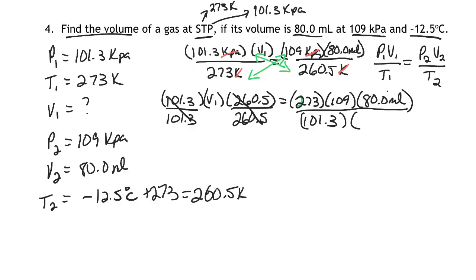And now I'm going to need to do the same thing to this side. So I'm going to need to divide this answer by 260.5. And what that'll do is it'll isolate my variable. So my V1 is going to equal... So when you put this in the calculator, you're going to get an answer of 90.2 milliliters.